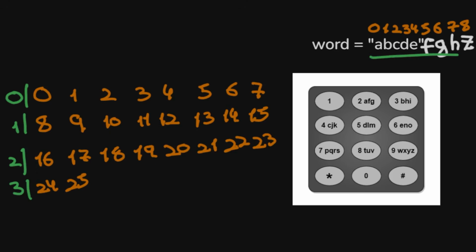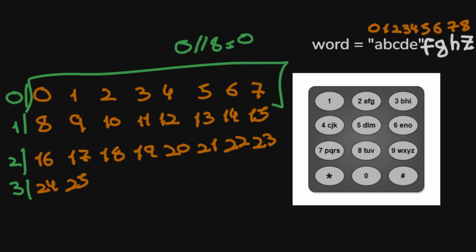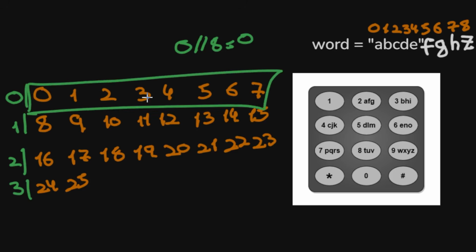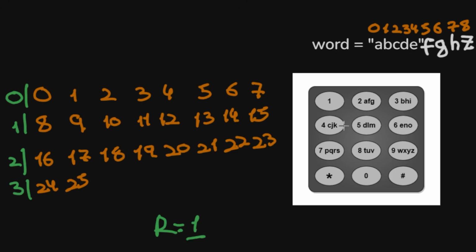So we can iterate these indices from left to right starting from index 0. And every time we check where we put these characters. So we do the current index divided by 8, the result is 0. Which means that A belongs to this first block. Okay, we need 1 push for every character in this first block. The result up to this moment is 1, and next we continue with B. We are standing at index 1, so we do 1 divided by 8 and the result is 0.